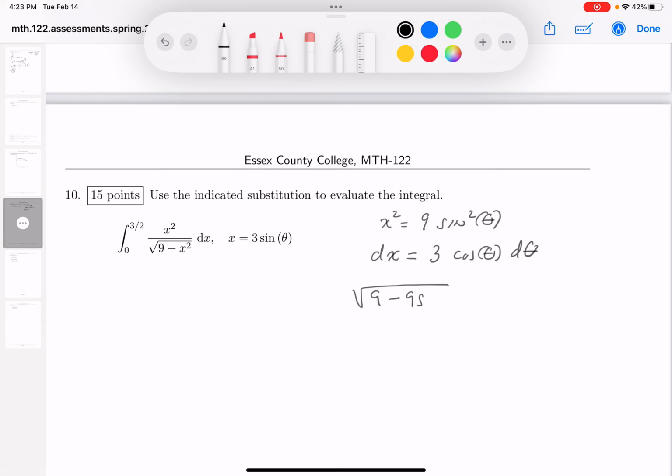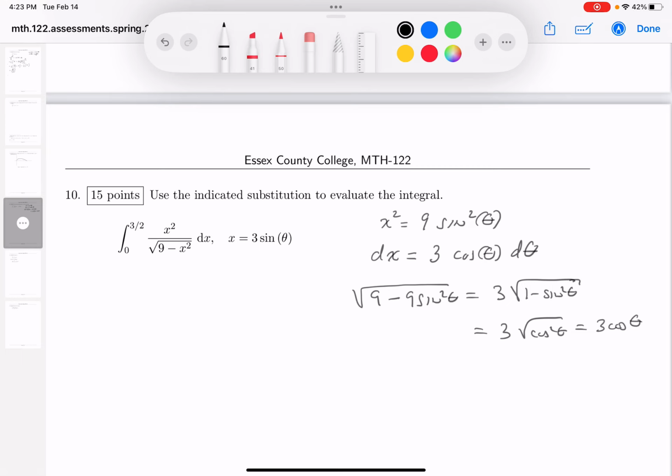That's 9 minus 9 sine squared theta. I can factor the 9 out. The root of 9 is 3. And 1 minus sine squared, well, that's going to be cosine squared, right? And in this invertible region, it's going to be a cosine. So 3 cosine theta.